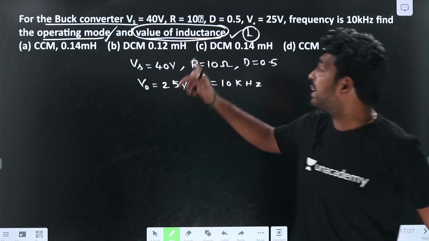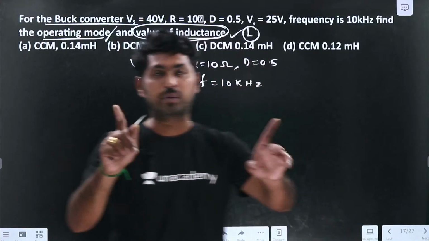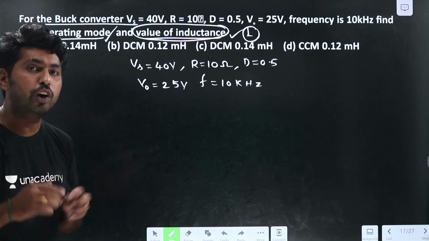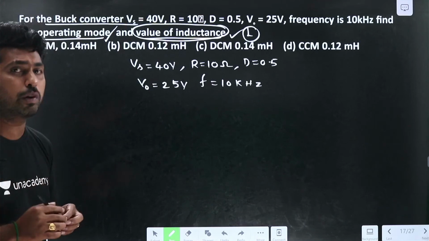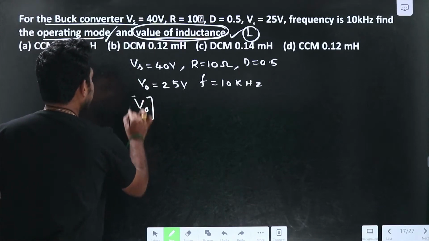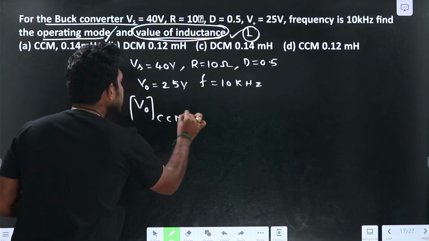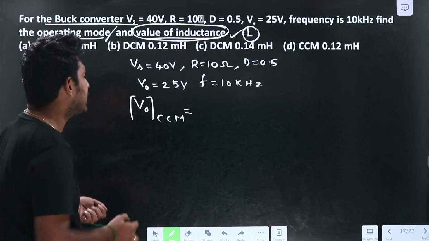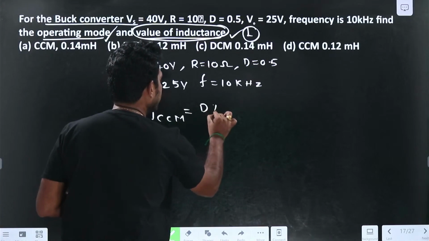Whether it is operating in discontinuous conduction mode or continuous conduction mode, how can I find out? Let us see. If I find the output voltage in case of continuous conduction mode, the voltage gain is the duty cycle, so output is the duty cycle into input voltage.